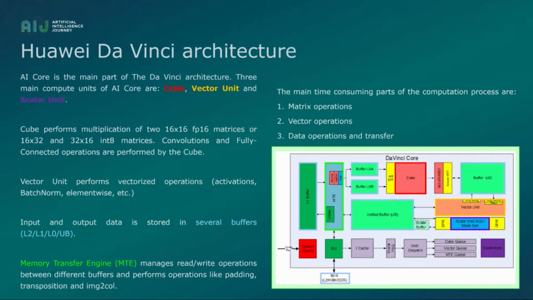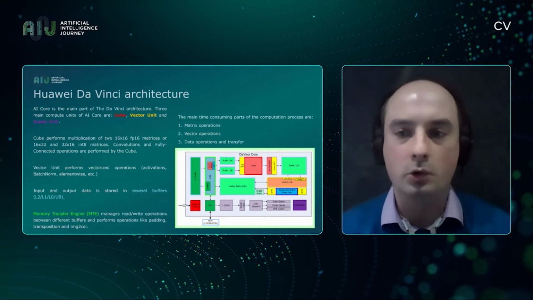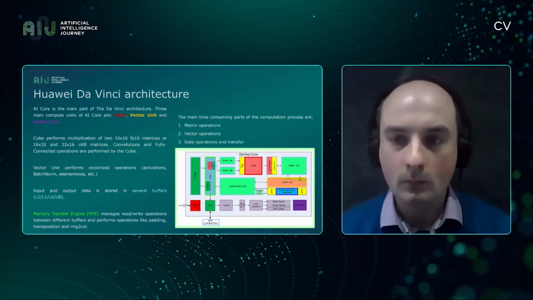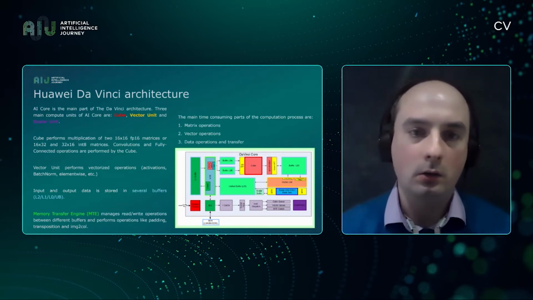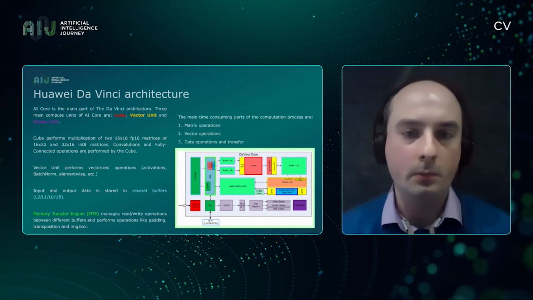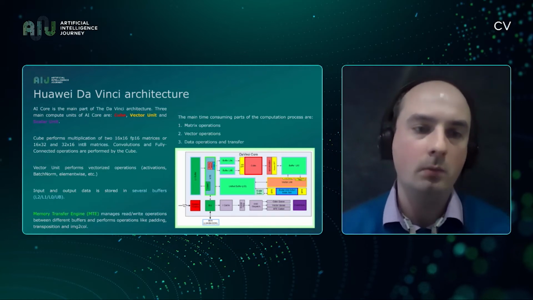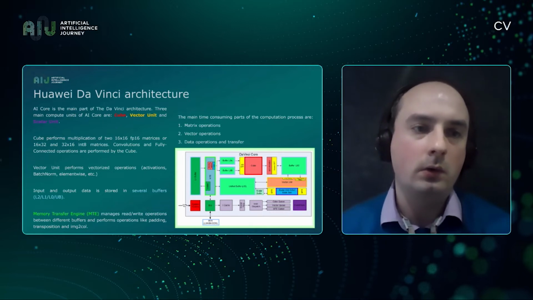The second most important part of the architecture is the vector unit that performs operations like activations or batch norms, element-wise operations, norms, addition, and so on.